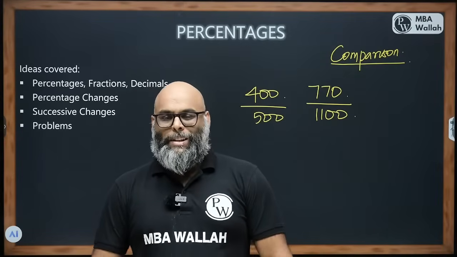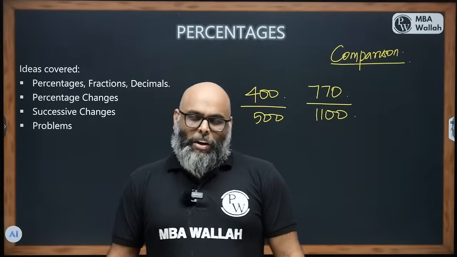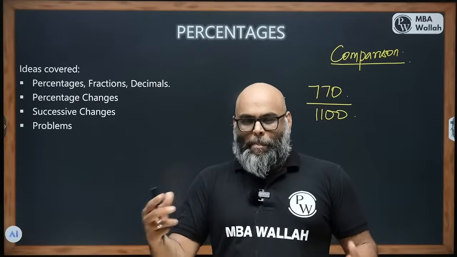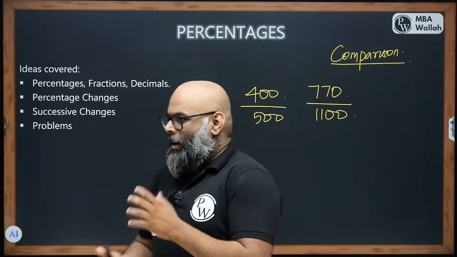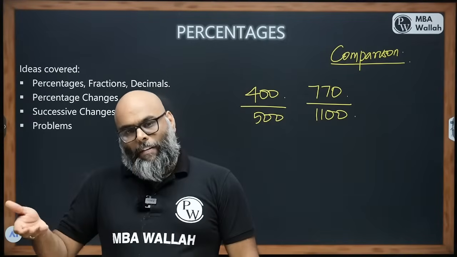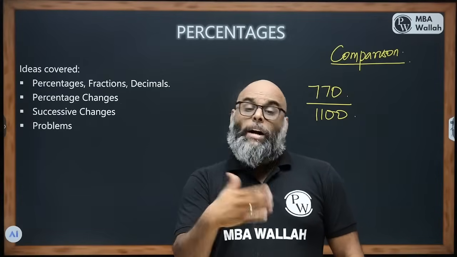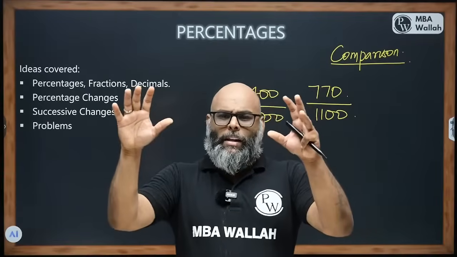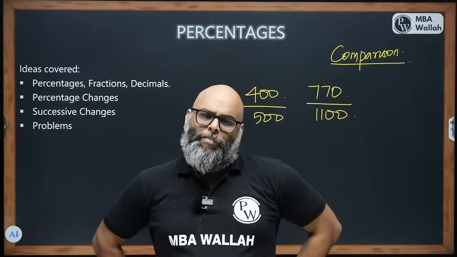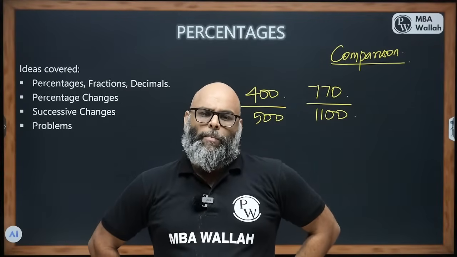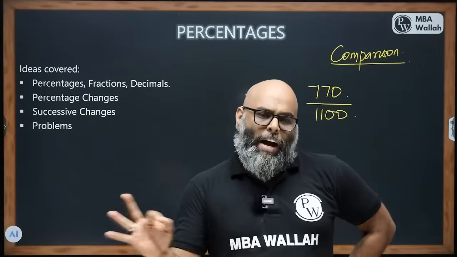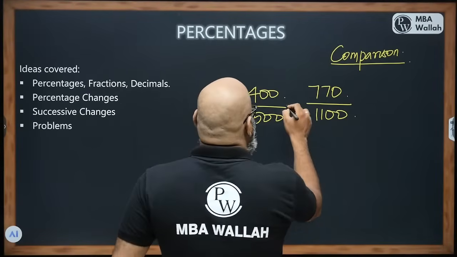But then what is the simplest thing that you can do? You can tell yourself, okay, since the base is different, one is out of 500, the other one is out of 1100, you really cannot tell the difference here. So the one thing that we can do is bring them both to the same value and then see which one is better. And that same value, I'm going to do it for 100.